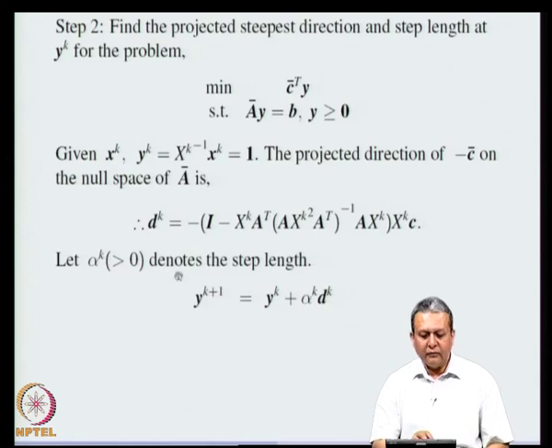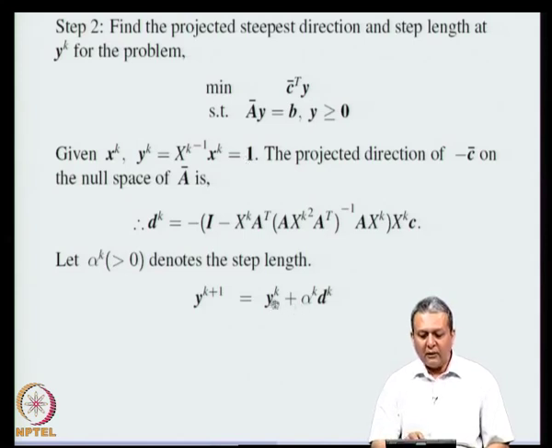Now, if alpha k, which is a positive quantity, denotes the step length, then y^(k+1) should be equal to y^k plus alpha k d^k. Note that we want y^(k+1) to be in the interior of the feasible region. So, that means y^(k+1) should be strictly greater than 0. Now, y^k, which is the current point, is greater than 0.